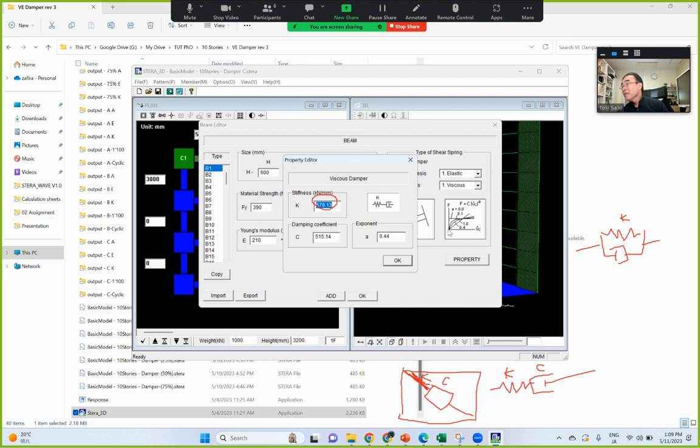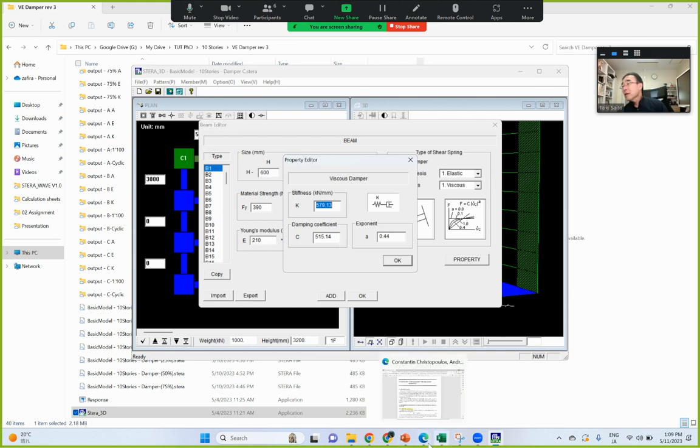I don't know if it's necessary to apply this one. So the most important is the value of C.